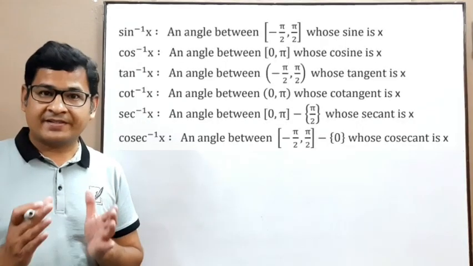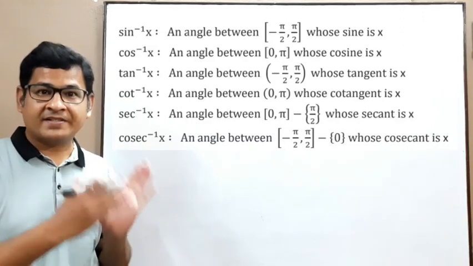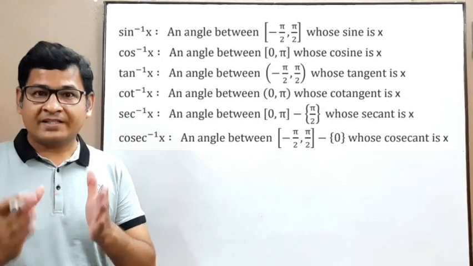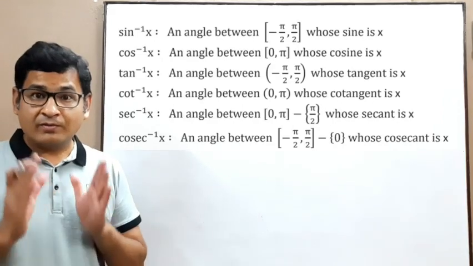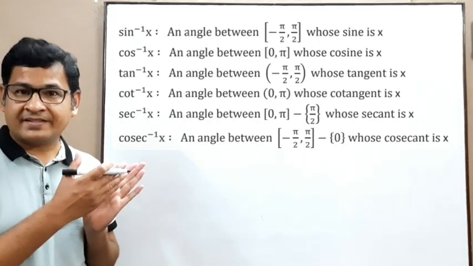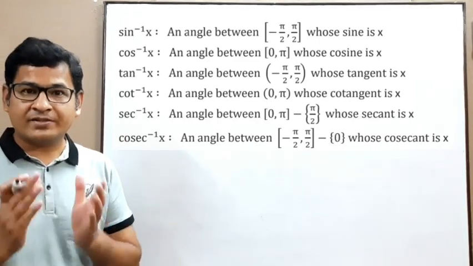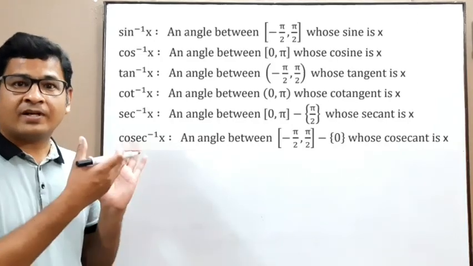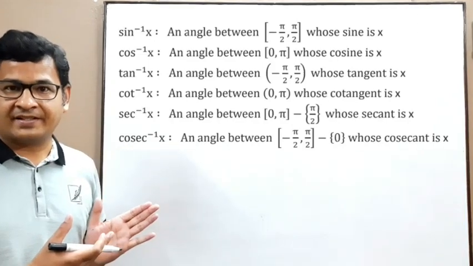What is sin inverse x? Sin inverse x is an angle between the closed interval -π/2 to π/2 whose sine is x. Similarly, cos inverse x is an angle between the closed interval 0 to π whose cosine is x, and so on for the other trigonometric functions.